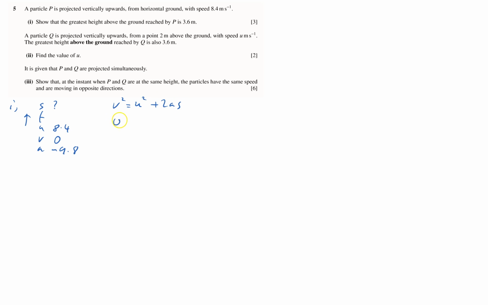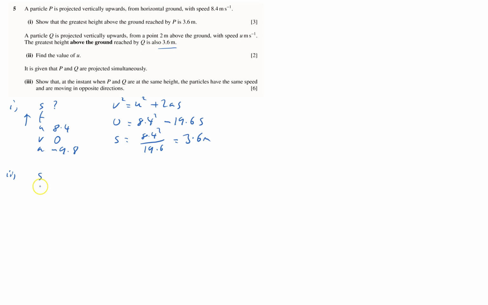And substitute those in. 0 equals 8.4 squared minus 19.6 s, and so s equals 8.4 squared over 19.6, which equals 3.6 meters, as given.